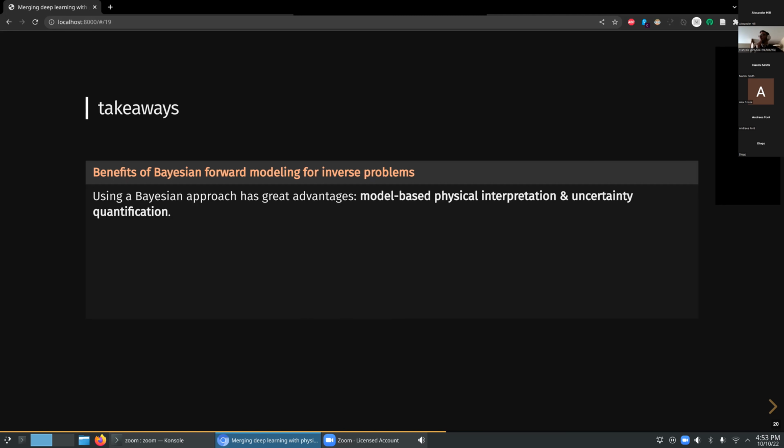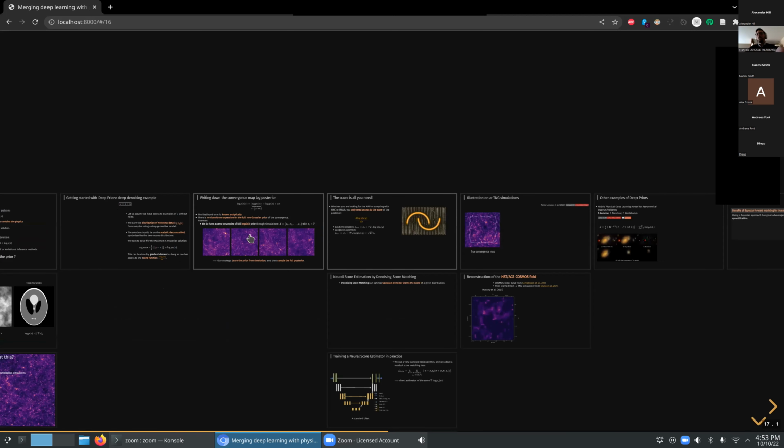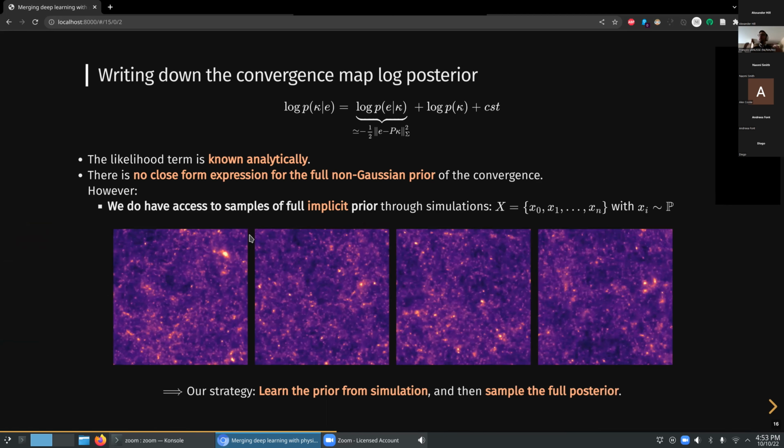I don't know if it's very clear, but in this particular instance, where I wanted to reconstruct maps of the dark matter distribution on the sky, the training data is actually a physical simulator that implements my physical understanding of what the dark matter distribution on the sky should be.